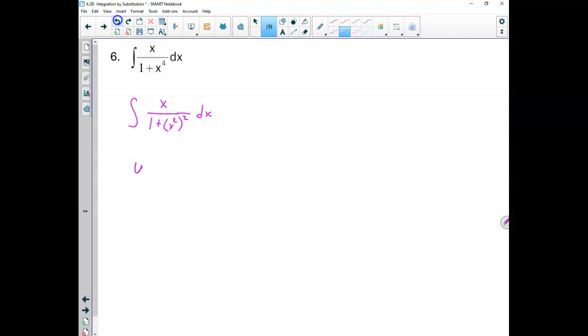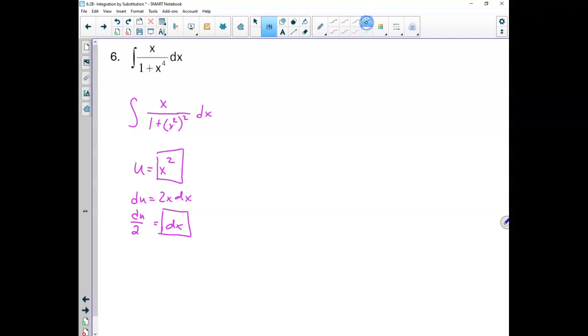I'm going to say, okay, we're going to let u equal the inner function, which is x squared. Well, that means du is going to equal 2x dx, which means my dx equals du divided by 2. Remember, I'm substituting in for dx, and I'm substituting in for x squared.